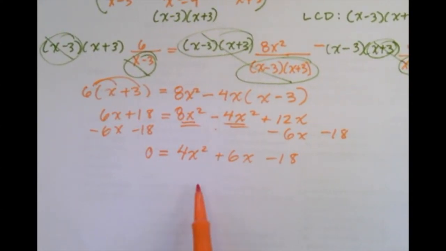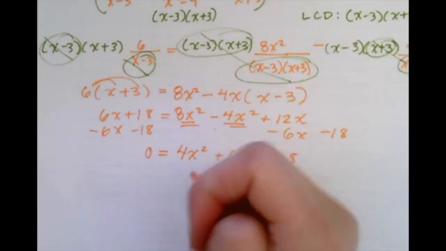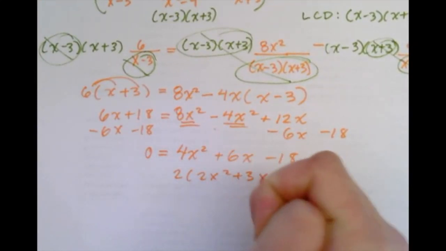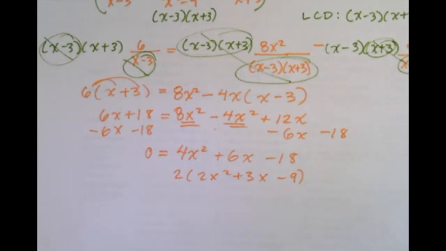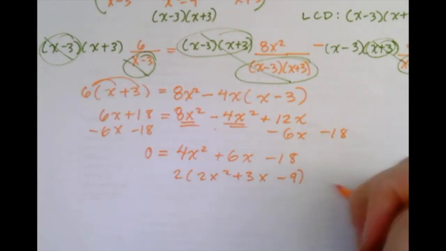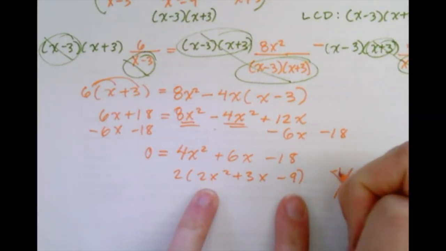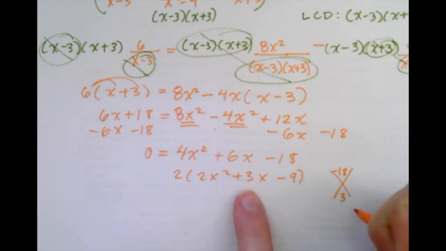And now I'm thinking about, okay, can this factor? Well, the first thing I notice is that there is a GCF I could take out of 2. So then it becomes 2x squared plus 3x minus 9. And then I need to think about what multiplies to a times c. So that's negative 9 times 2, negative 18, and adds to be 3. So that would be 6 and negative 3.